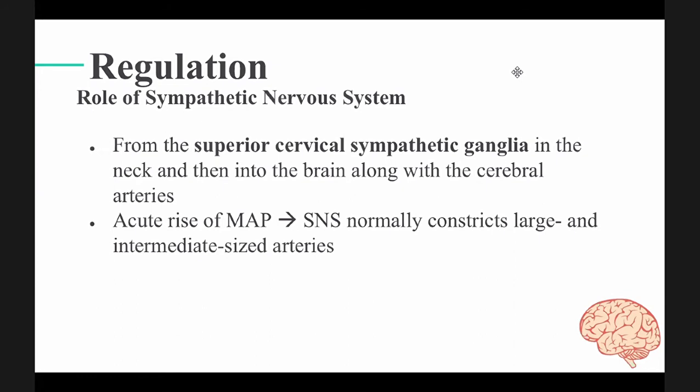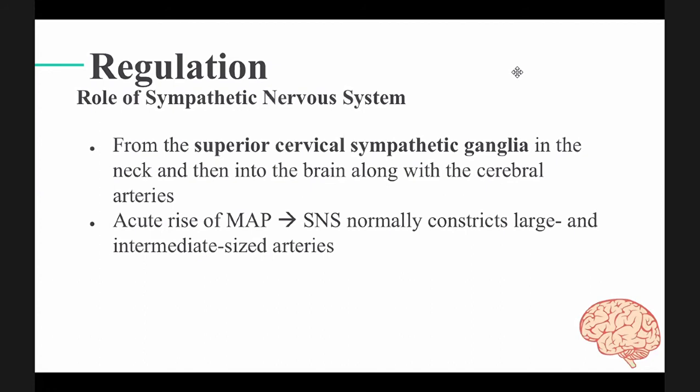So there is sympathetic nervous system there, and with an acute rise of mean arterial pressure, it will stimulate this sympathetic nervous system to vasoconstrict the vessels, the large and intermediate sized arteries, and the purpose is to decrease flow of blood into the cerebral cortex.